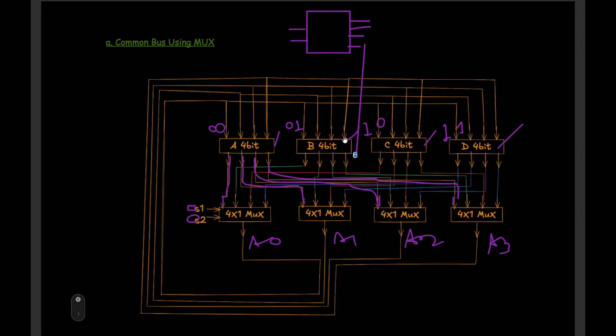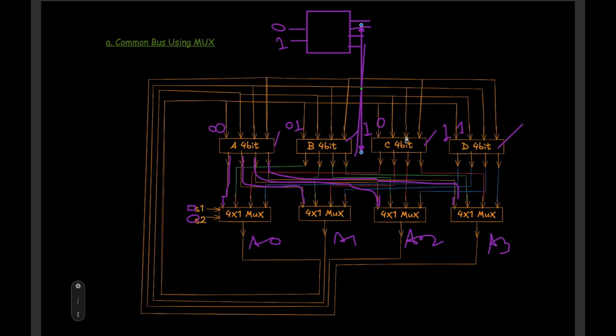Now we need to load A's register into B, which means we need to turn on the load of B's register. That means 0 goes to the select line of the decoder, and this line is selected. This line is connected to the load input of B. Now the data of A is copied to B.